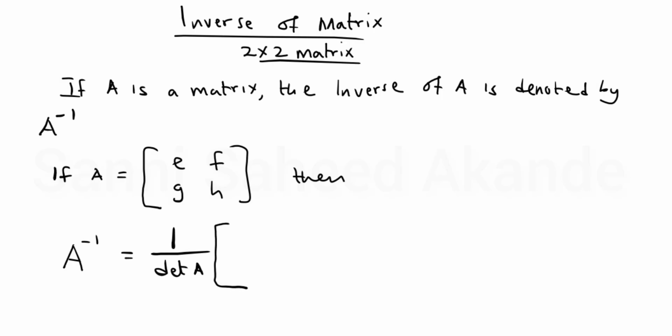now at this point please pay attention, you are going to interchange the elements of this matrix diagonally like this. So instead of writing E now, we are going to replace it with H. Then instead of writing H, we are going to replace it with E. So we interchange them diagonally that way. And then these two other elements, F and G, we are going to change their signs.